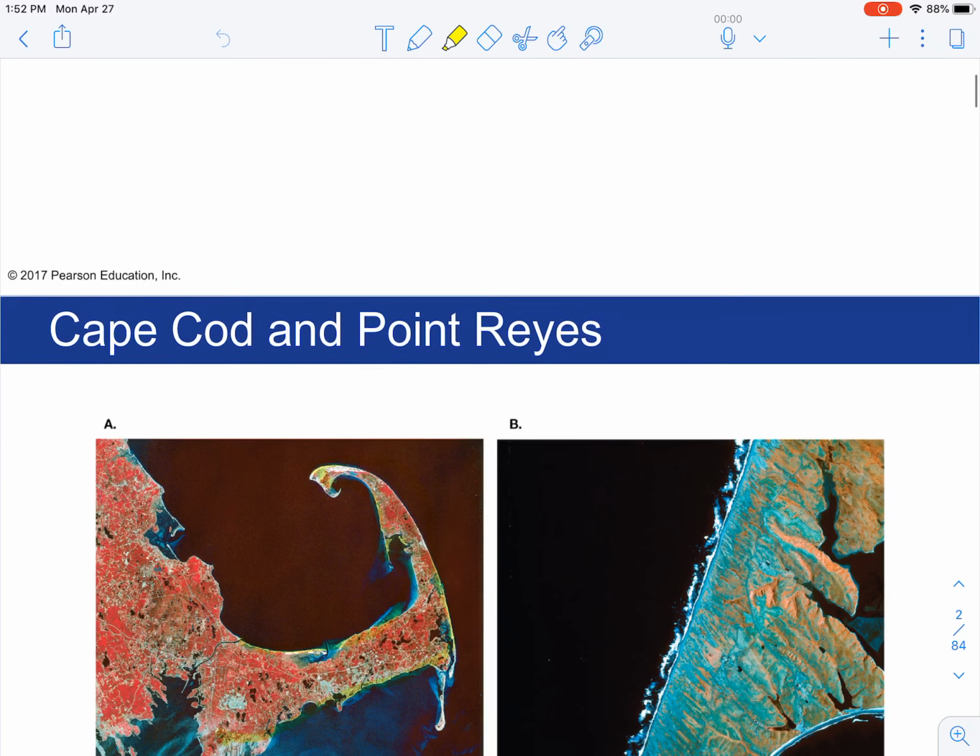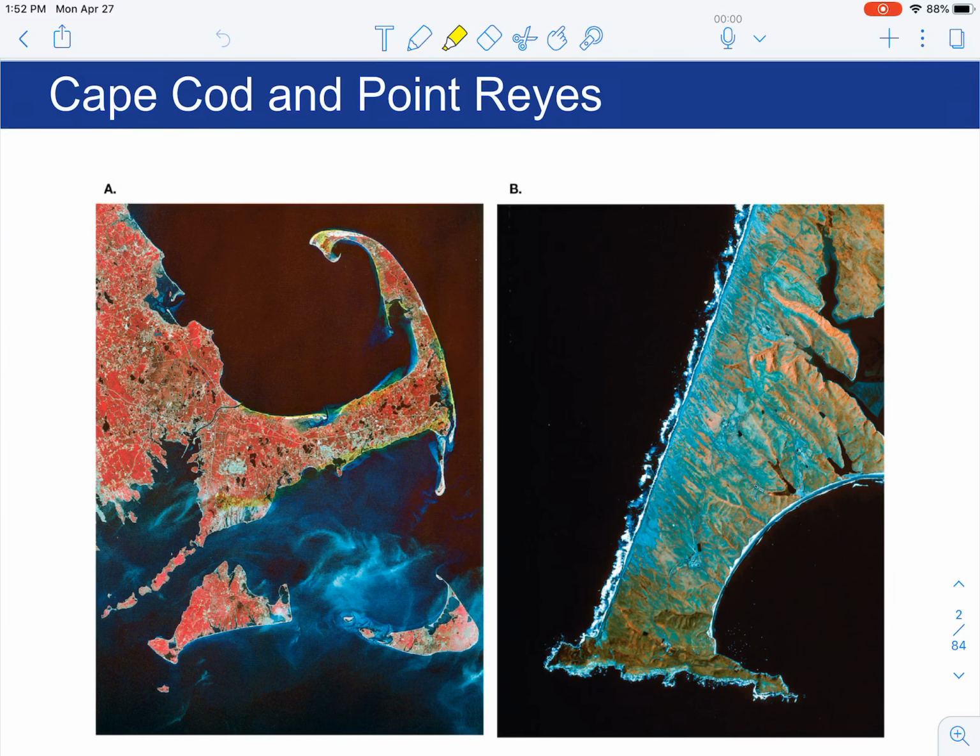And so here is a satellite image of Cape Cod, Massachusetts, and Point Reyes. Both of those landforms are a little bit unique in their shape. In the case of Cape Cod, it's what we call a spit, and Point Reyes is more of a peninsula or a headland.